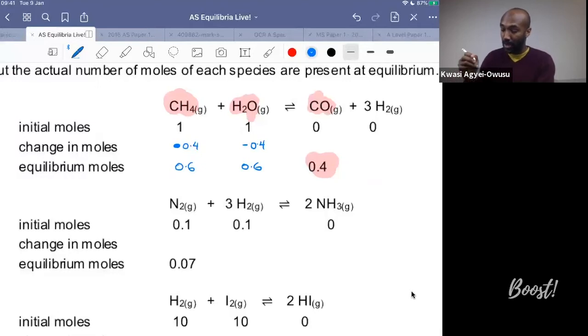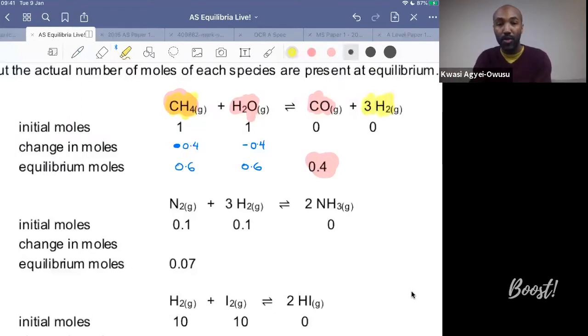So if you're using up 0.4 moles of methane or water, what is the molar ratio of methane or water to hydrogen? Okay, so if we consider methane, yellow this time, and hydrogen, we've got a molar ratio of 1 to 3.